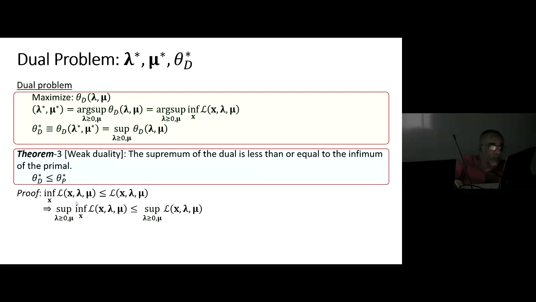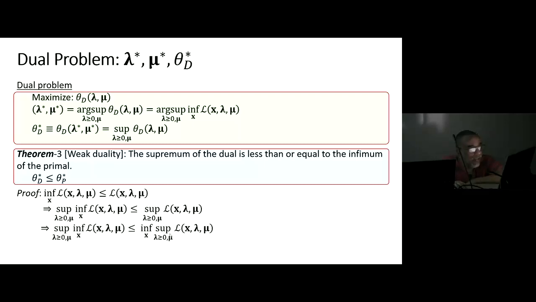Now, all I do is take the supremum on both sides. So the supremum of this is always less than or equal to the supremum of this. This inequality holds for all values of x. In particular, it will hold even when we minimize with respect to x.